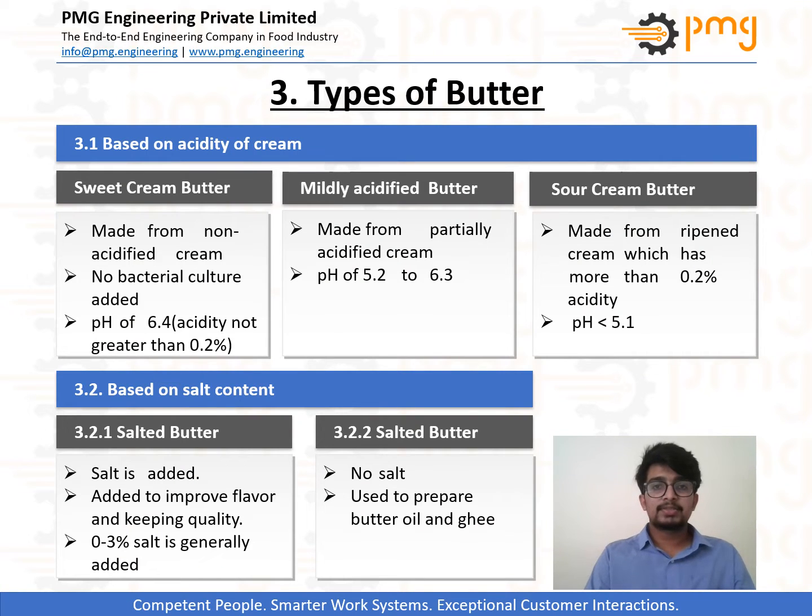Going on with the classification of butter, we will first classify butter according to their acidity. Based on acidity, it can be classified as sweet cream butter, mildly acidified cream butter, and sour cream butter. The main difference between them is their acidic content.